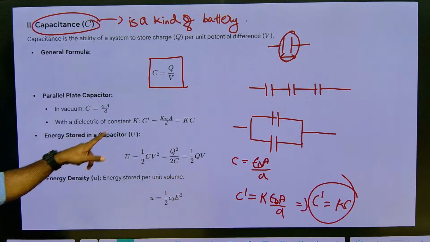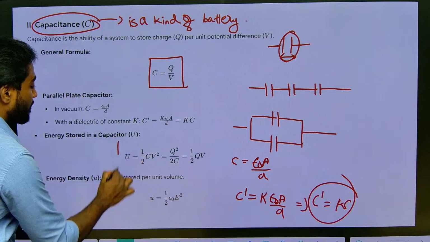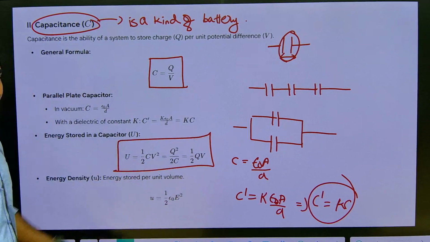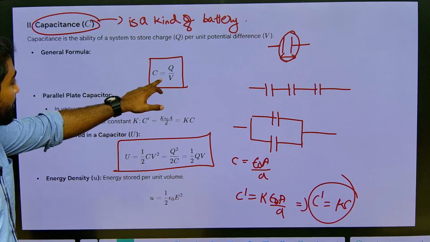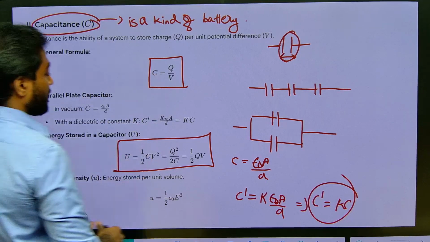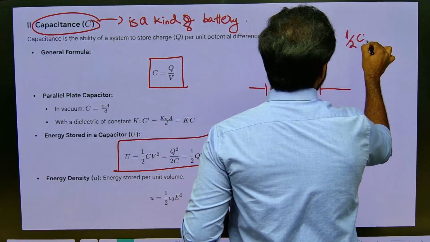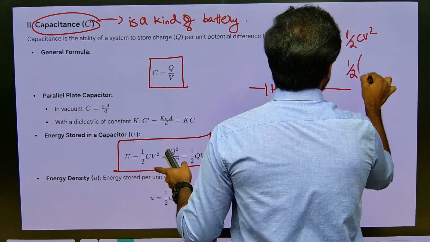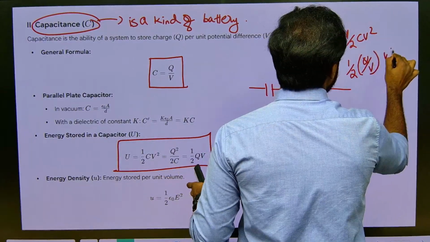And the energy stored in the capacitance is U equals half CV square. We can rewrite this: 1 by 2 C is Q by V into V square.